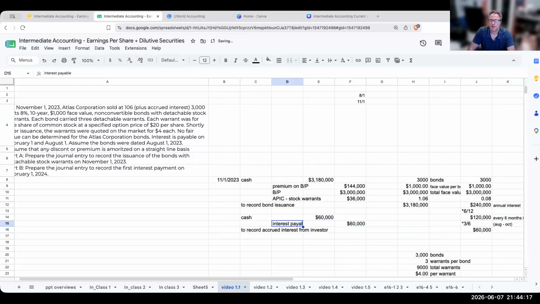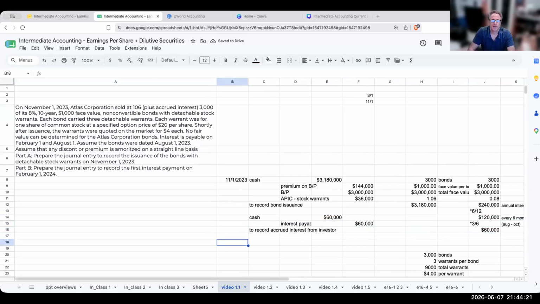Okay. Now, what this is also asking me to do is prepare the journal entry to report the first year interest payment on 2/1/24. Okay, this is pretty messed up. And I'm looking at this right now, and I just saw something that we're going to have to do first. And what is it that we're going to have to do?